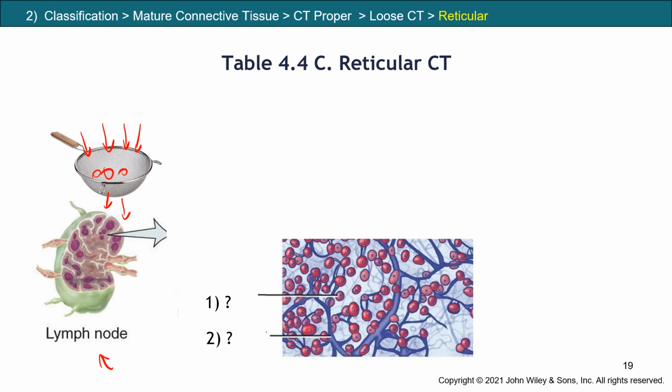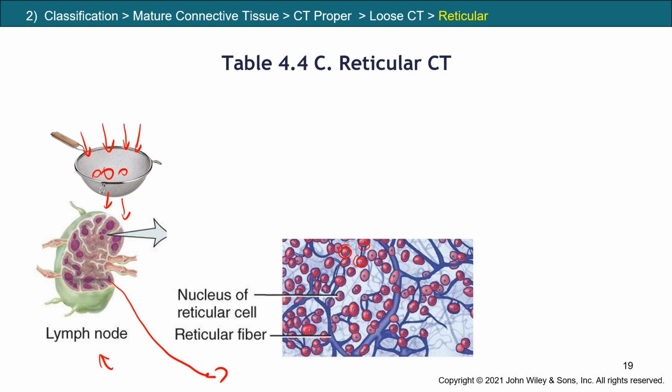Now, let's talk about how the lymph nodes are able to form this mesh, this web-like network of fibers. They have these reticular cells. You see them there. The blue dots are the nucleus, and the blue lines are the reticular fibers that, as I said before, have a web-like structure. So here is the nucleus and the reticular fiber.